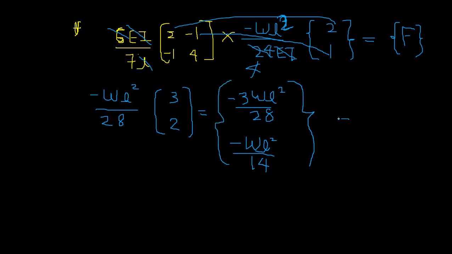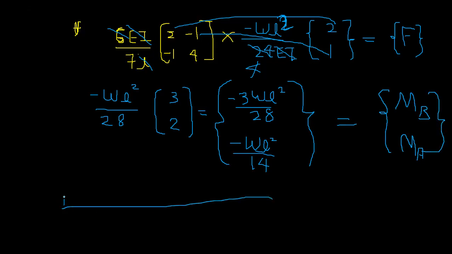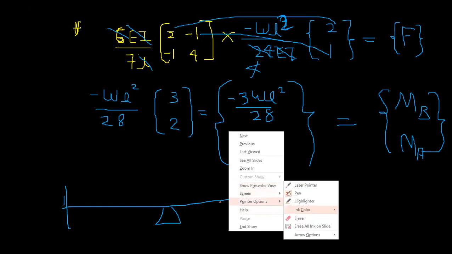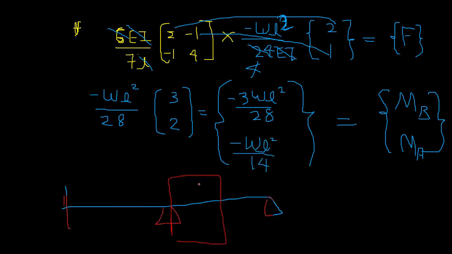So this is actually MB and MA. So how to write this? So you remember the original matrix. So we found MB, we only consider this part, right? So in this part minus, so that means it is anti-clockwise.